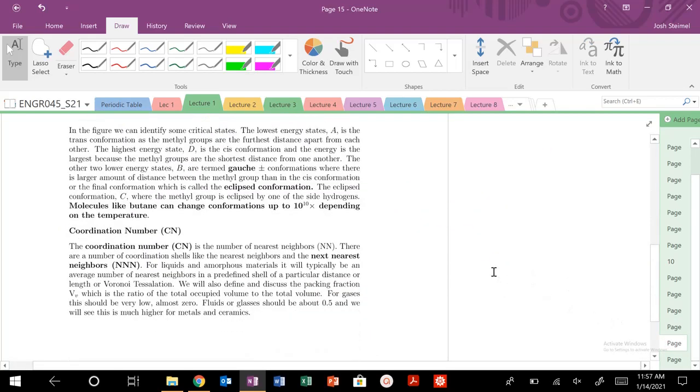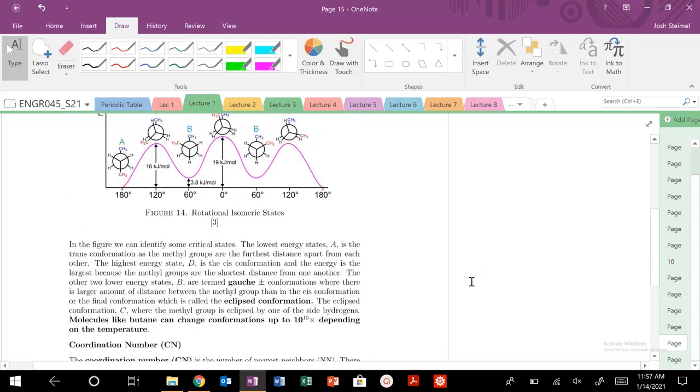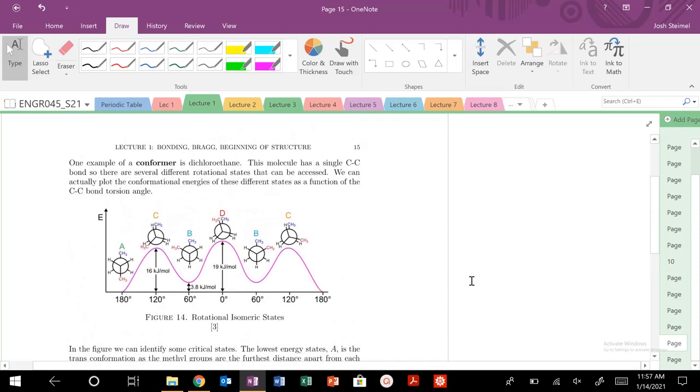So one last thing on this lecture, and then we'll call it a day. In addition, conformers have this really unique property. So conformers, again, these aren't structurally distinct states, but they have different rotational states. And we call these rotational isomeric states, RIS. And we'll show in the lecture this Mathematica notebook.